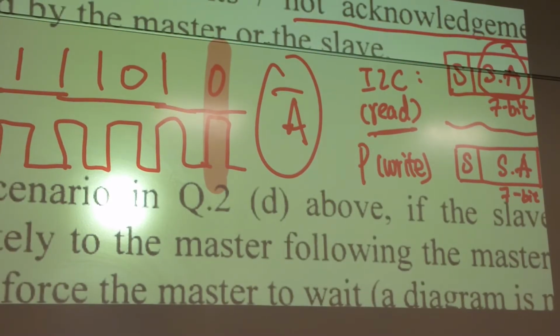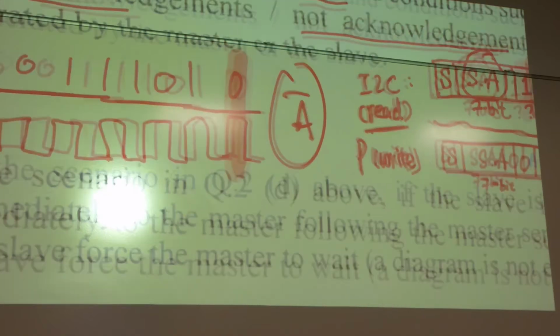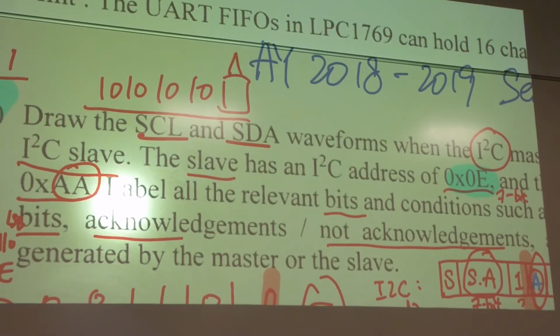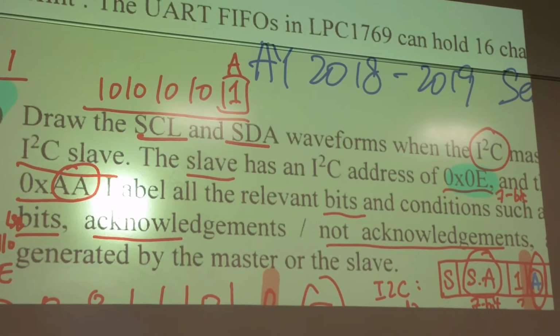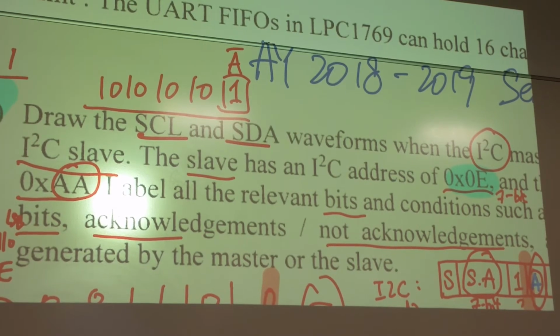A negative acknowledge is 1 if there's a clock. So in the end, following 10101010, your acknowledge here should be a 1 when there's a clock. Negative acknowledge. Is it okay?